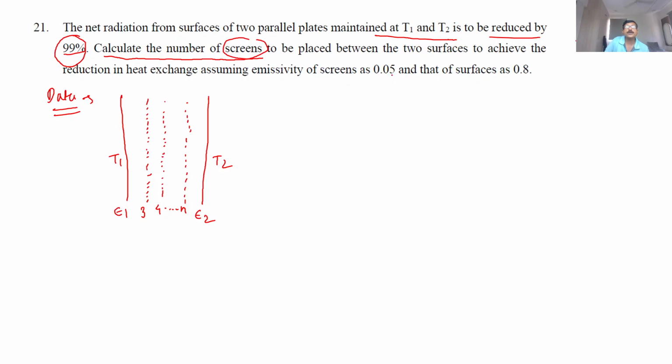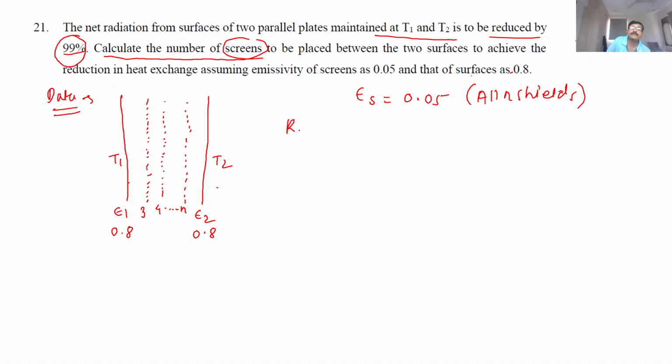Now what is given? The emissivity of the screen as 0.05. They have given the emissivity of the shields as 0.05, for all N shields. And for the surfaces, surface 1 and surface 2, epsilon 1 is 0.8 and epsilon 2 is also 0.8.